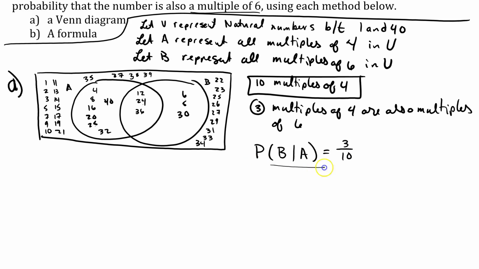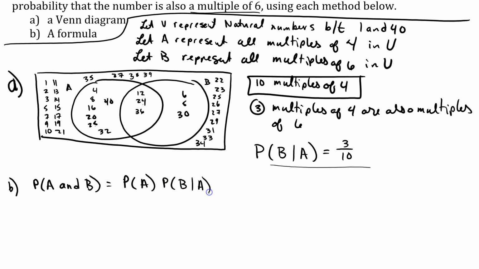So how do we arrive at this using a formula? Well, let's fill in what we know. We know this formula here: the probability of A and B equals the probability of A times the probability of B given A. What we want to do is isolate this one right here, because that's what we're looking for.